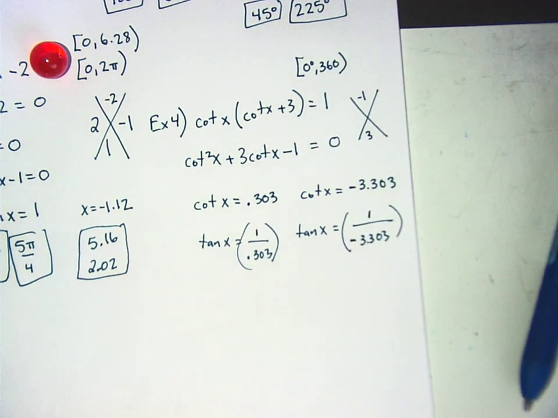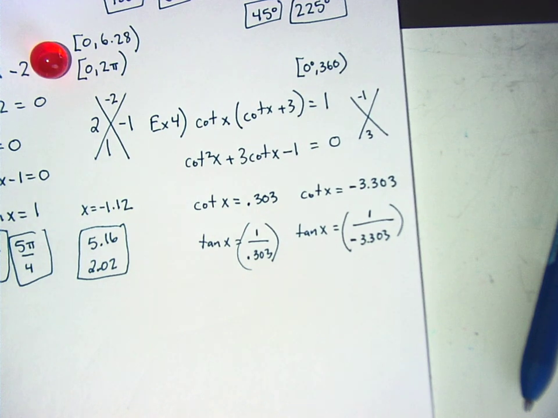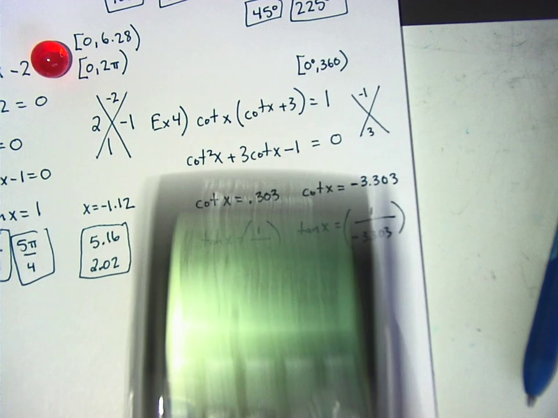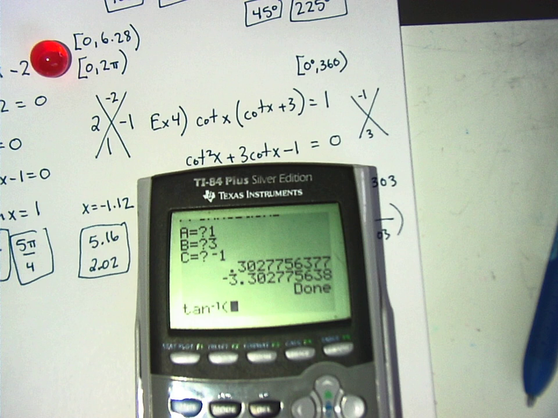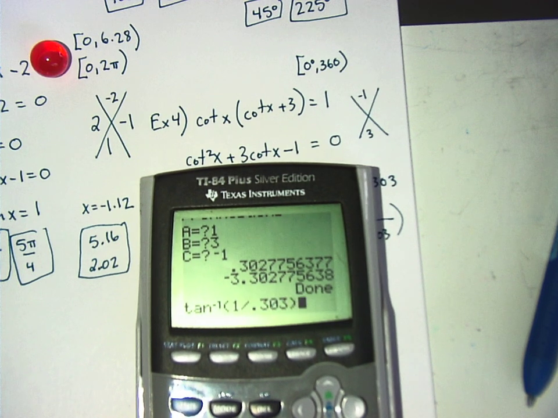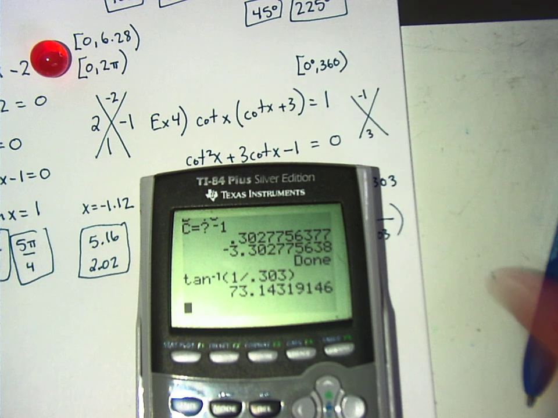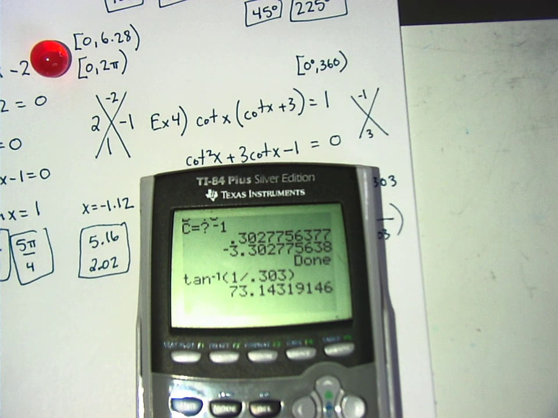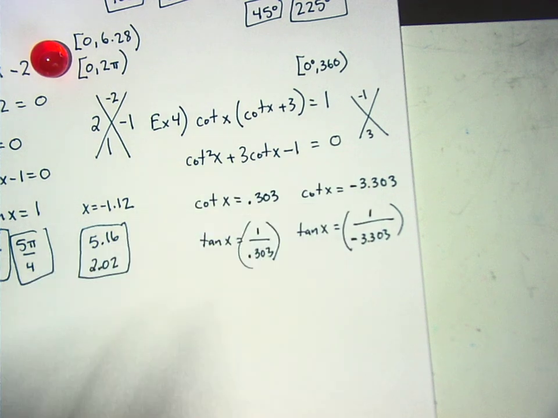So in my calculator, I'm gonna type in inverse tangent 1 divided by 0.303. I got about 73.1 degrees.